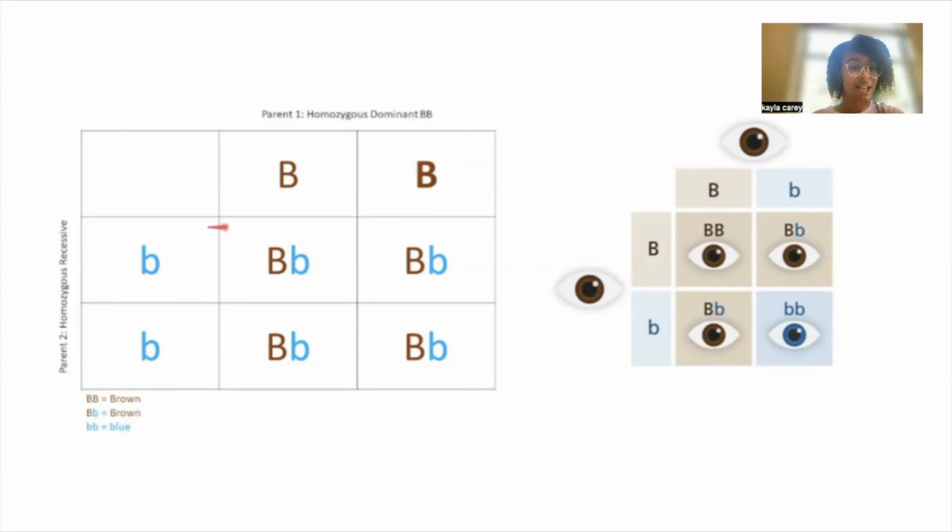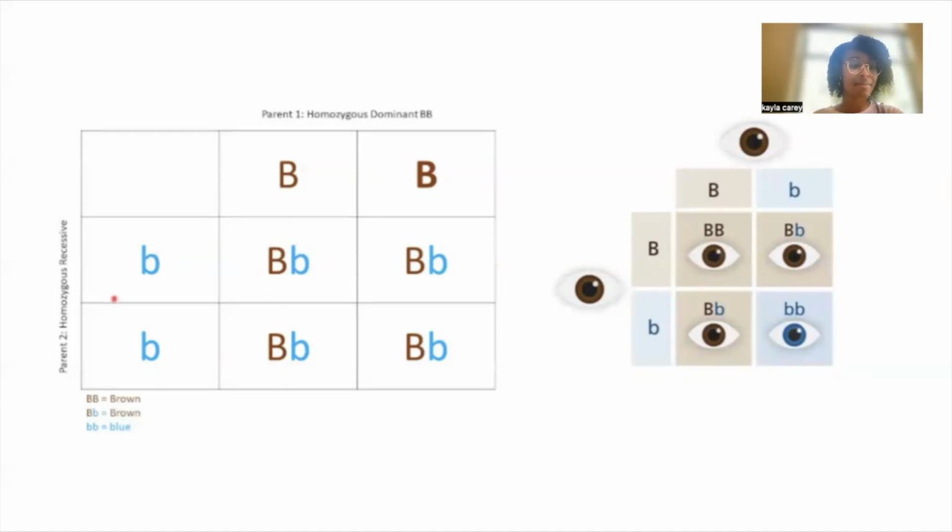And they give each child one allele. So if we look at this one, parent one gives the first child an uppercase B, and the second parent gives the child a lowercase b, right? And as we said, capital B is dominant, so that child is going to have brown eyes.